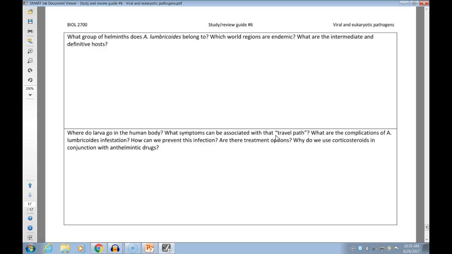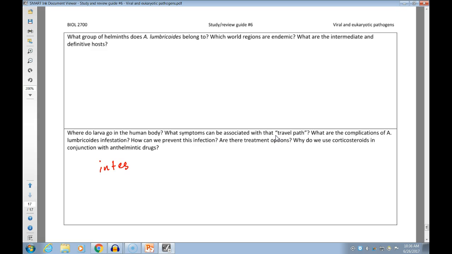And finally, Ascaris lumbricoides. It's a nematode that is common in Africa and South America. Intermediate and definitive hosts, both are humans, because we consume eggs with fecally contaminated food, okay? Eggs develop into larvae in the intestine. From intestine they migrate to the lungs. We can draw it, okay?